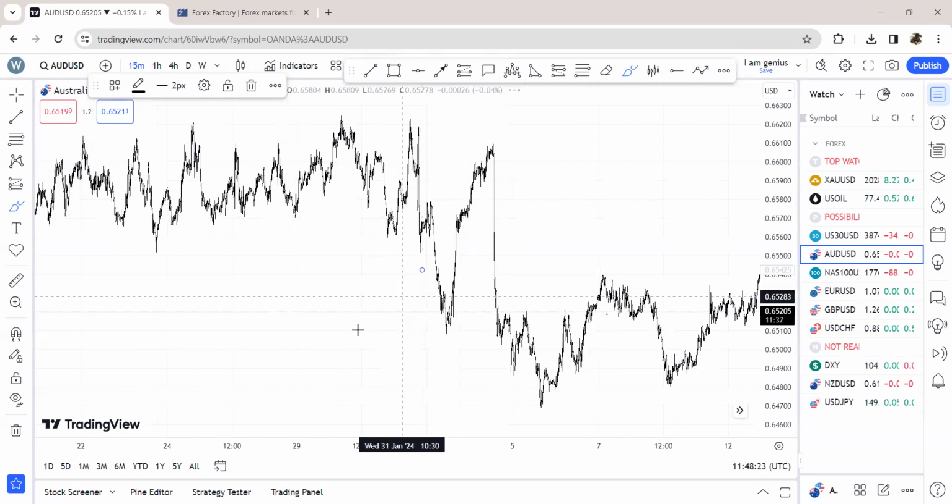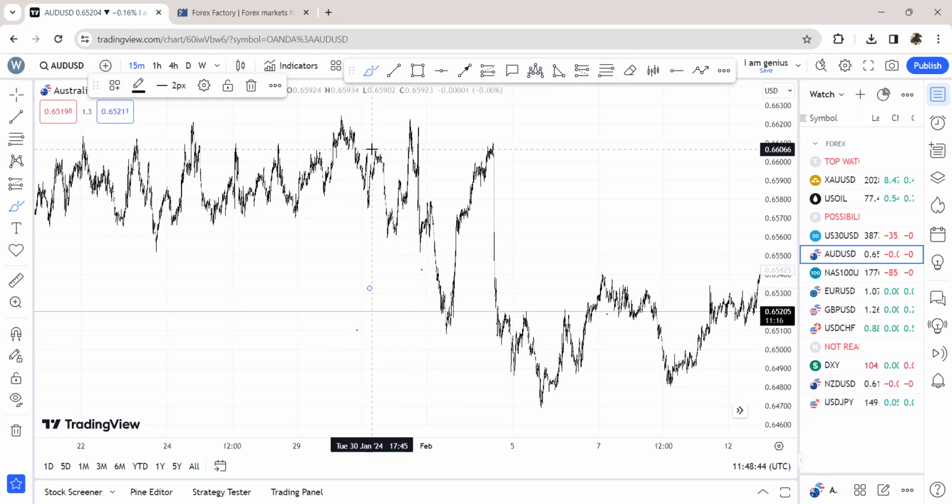So if I go back to my chart, okay, it was somewhere around there. So that news release was around this time. And remember, what impact did we say it will have?